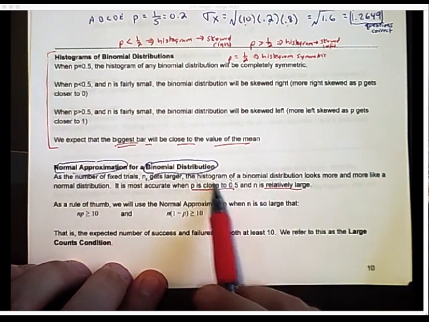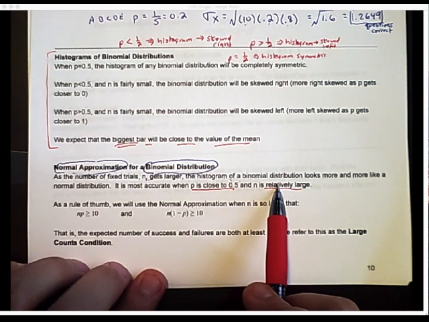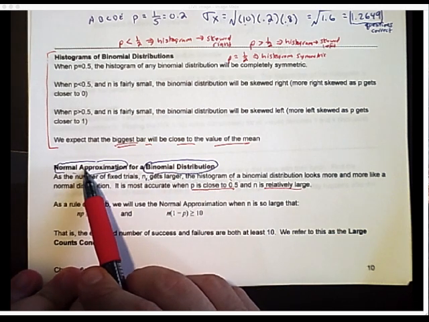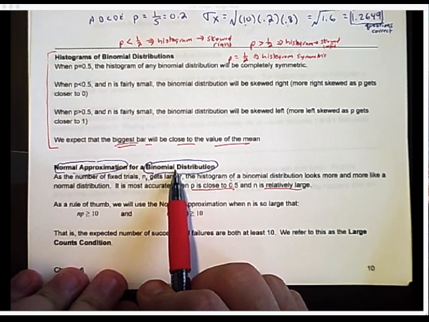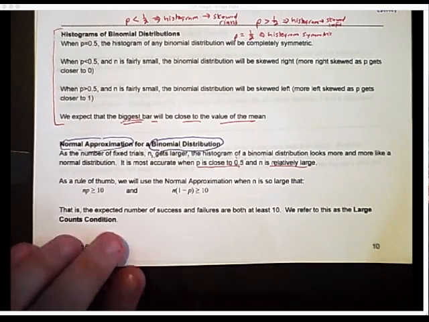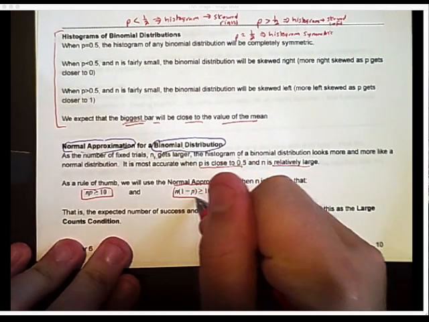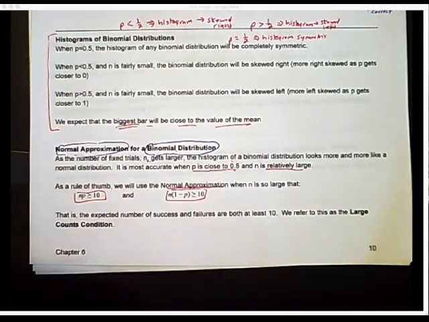So if p is fairly close to 0.5 and the fixed number of trials is relatively large, then we can use normal approximation to approximate binomial if we have to. As long as those criteria are met, we can use normal calculations instead of binomial if we would like to. And that's what's called the large counts condition.